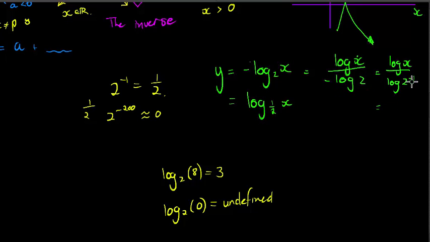But 2 to the power of negative 1 is a half. So log of x is the same as log of 2 to the power of negative 1, which is the same as that. Now, using the same principle where I split the 2, I can put them back together again by saying this is log of a half x. You get it? It's okay, Nate?